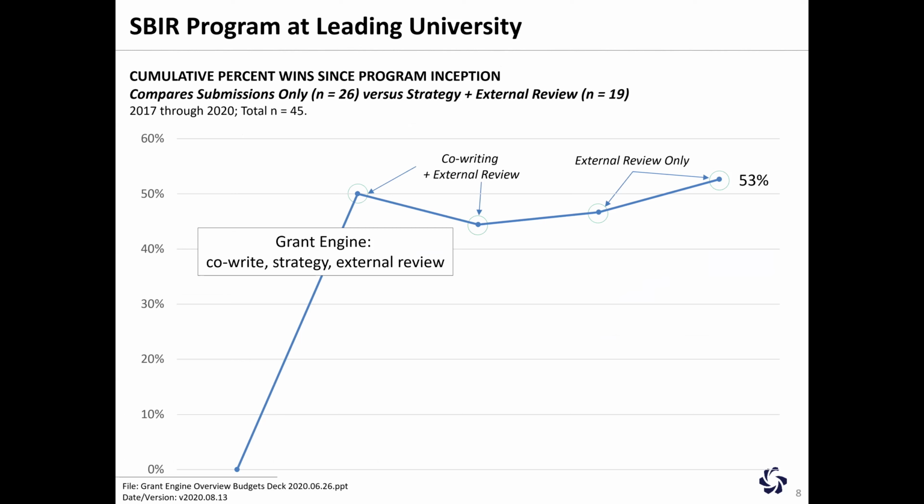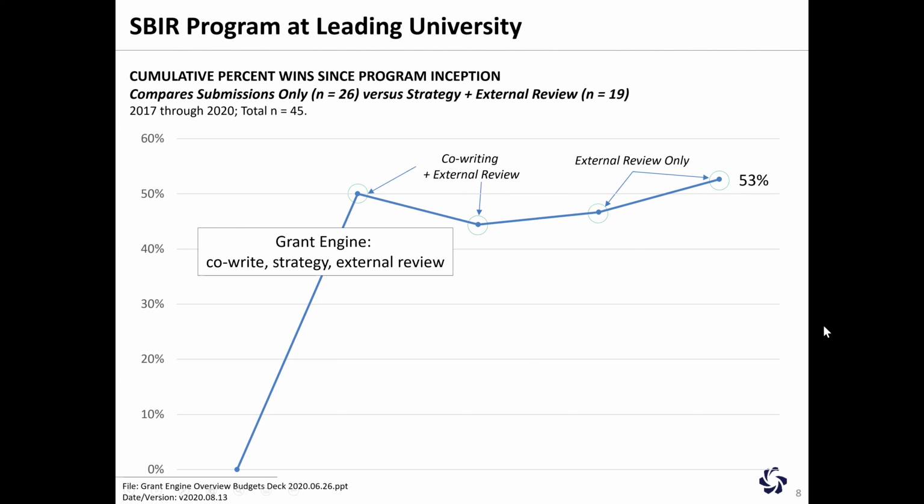And then this chart shows one half of the story of a longitudinal experiment that we did with a large public university in North Carolina. Left to right shows the rolling cumulative win rates for when Grant Engine has been involved strategically. We're either co-writing or we are doing external review. So this figure really shows the cumulative win rate of all the wins divided by all the submissions.